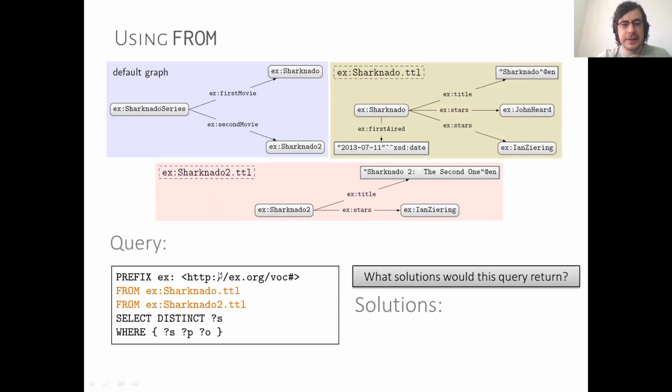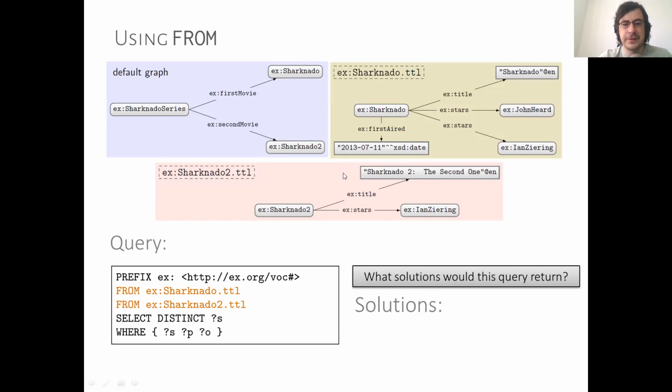Okay, in this case, we're going to use from to construct a new default graph that we're going to use in our query. What we're saying is that for this query, we would like to take the default graph that is the merge of Sharknado.ttl and Sharknado2.ttl. Since they have no blank nodes, it's essentially just the union of all the triples in these two graphs. So what solutions would this query return?